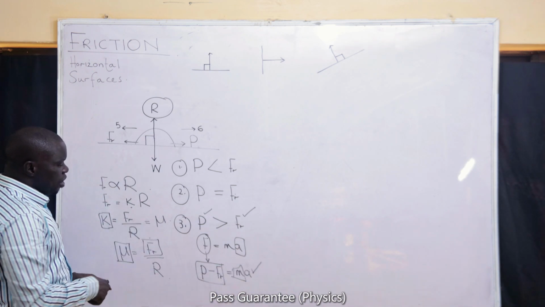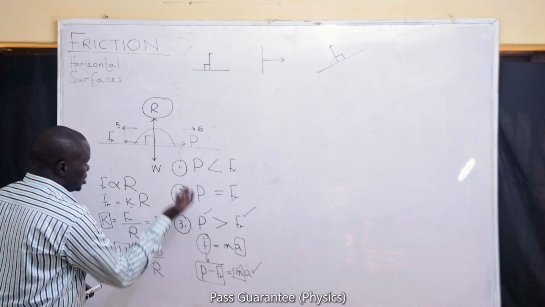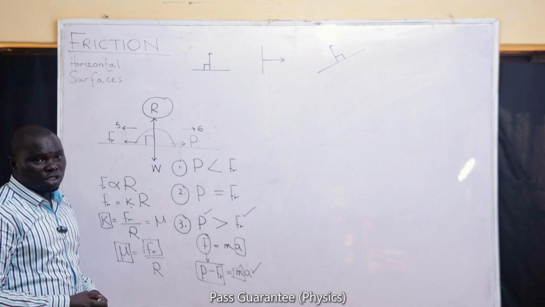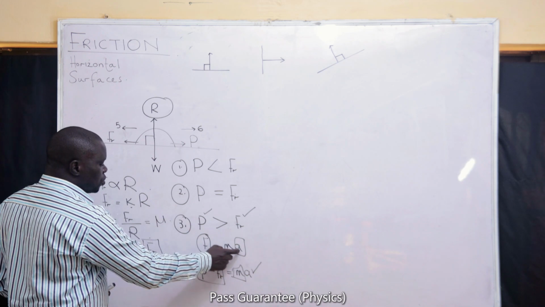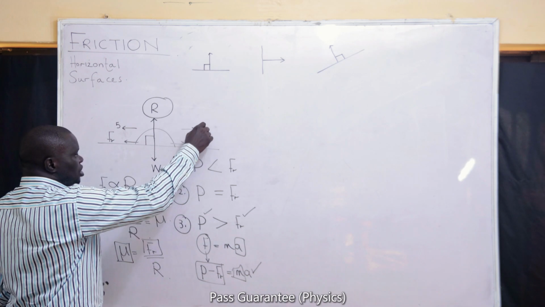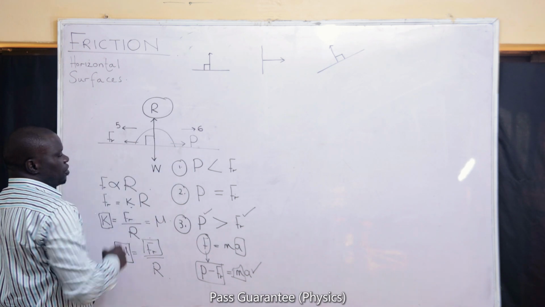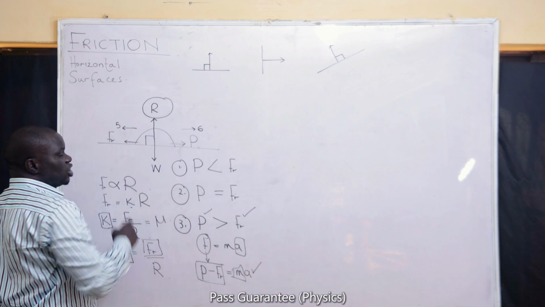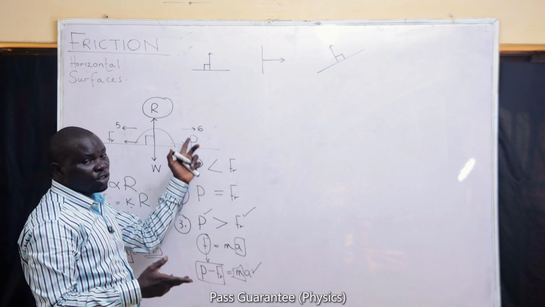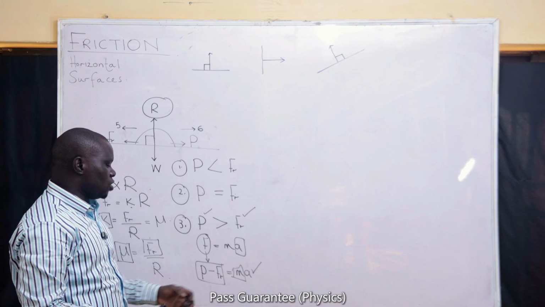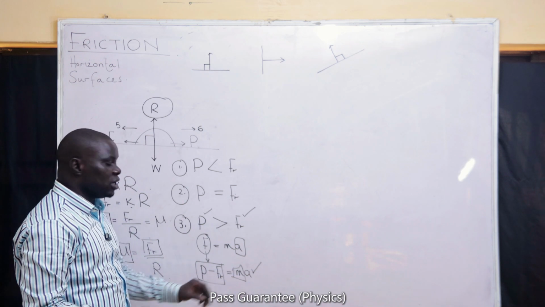So if I apply this to this particular illustration, the F that will be responsible to produce the acceleration is 6 minus 5. 6 minus 5 is 1. It means this object is going to start to move with a net force of 1, and that will impart on it an acceleration if I know the mass.